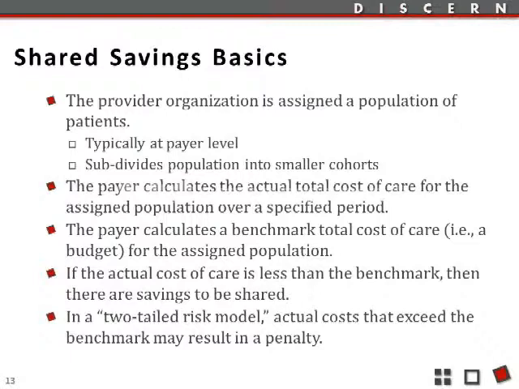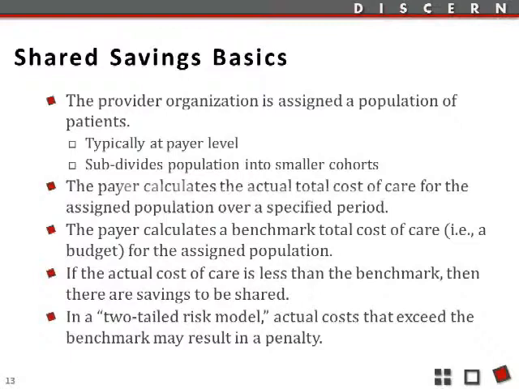It might be based on the trends across multiple provider organizations or even across a region to determine what the benchmark is. But basically, the payer calculates the provider organization's actual cost of care relative to a benchmark. And if the actual costs are less than the benchmark, then there are savings to be shared. Conversely, if the actual costs are higher, then you could argue that there's a loss.